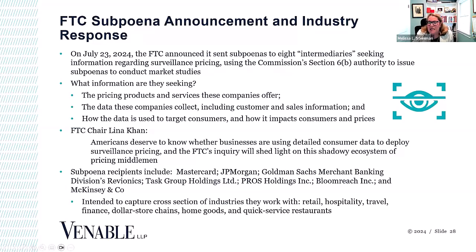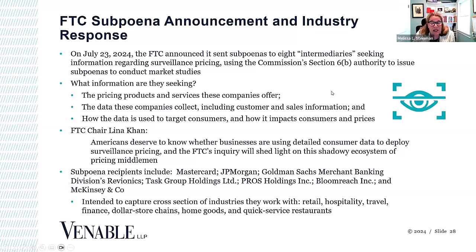The FTC has sent subpoenas to 8 intermediaries seeking information regarding what it's calling surveillance pricing, using authority that the Commission has under Section 6B of the FTC Act to collect information as part of a market study. Essentially, the FTC is concerned about data that these intermediaries are collecting and then making part of pricing products or services they're offering.